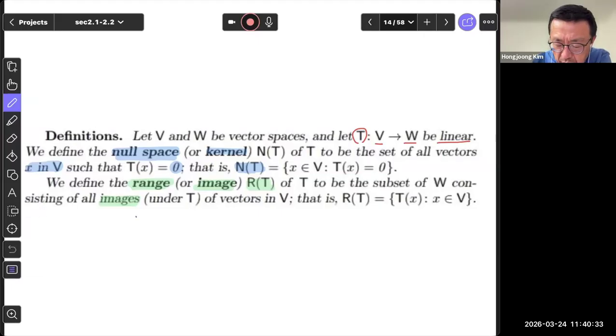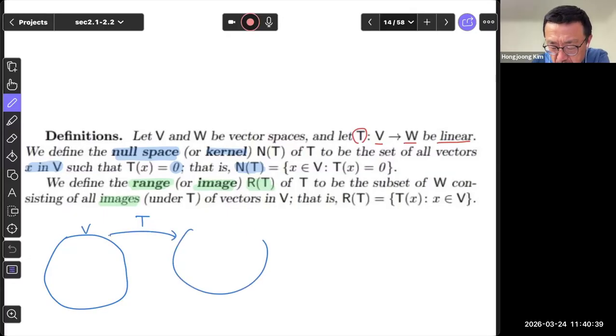So suppose that T is a mapping from V to W. Then the null space N of T is the set of all the elements which are mapped to the zero vector. So that is your N of T, the null space.